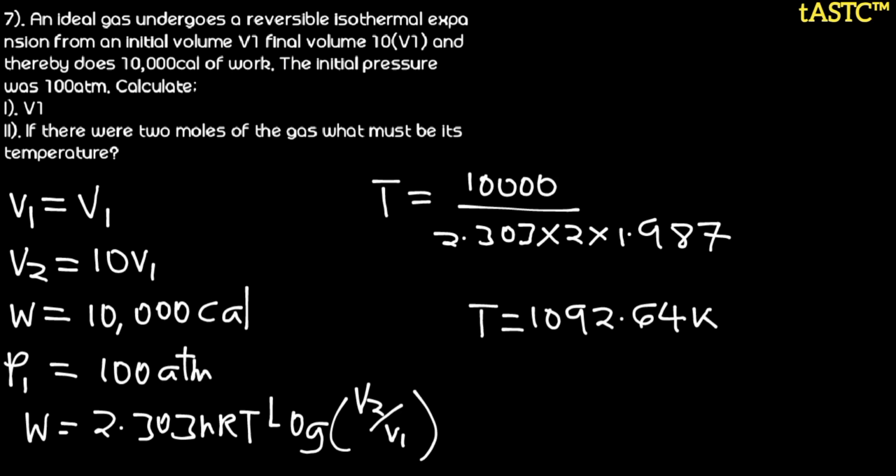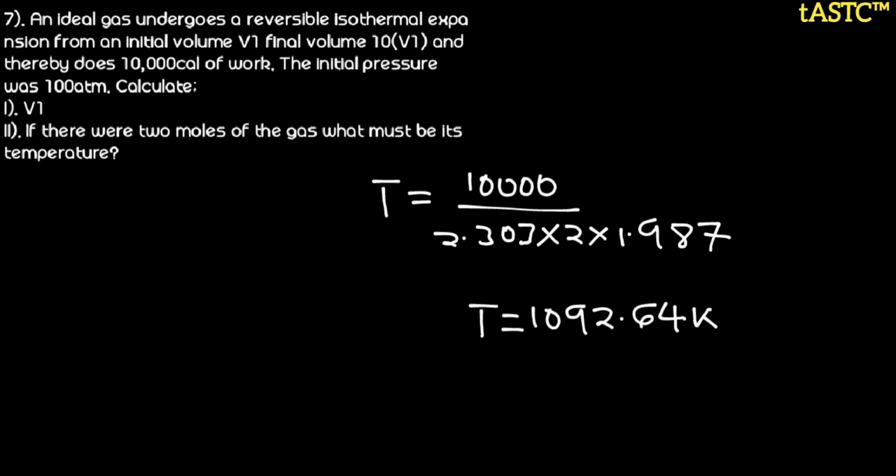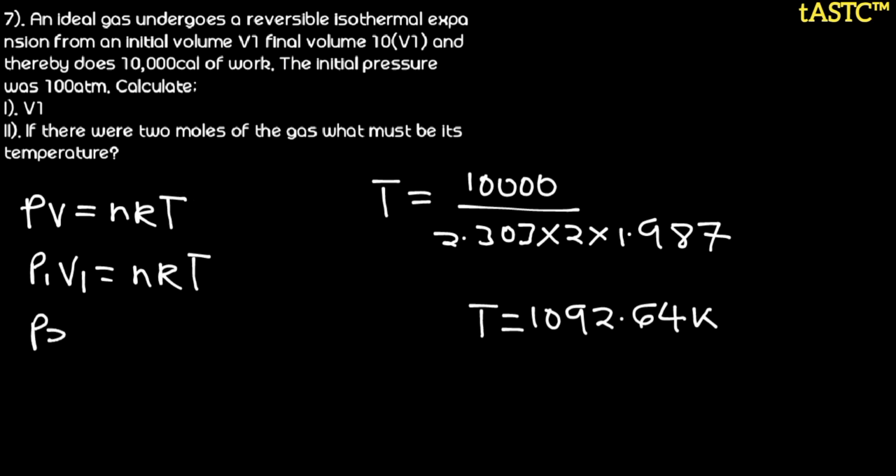Now next up, we need to find what V1 is. We could use the ideal gas equation to find V1. We know that PV is equal to nRT. Now under isothermal conditions, we're not going to change the T. But P1 V1 is going to be equal to nRT, as well as P2 V2.